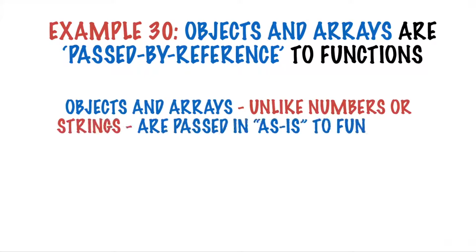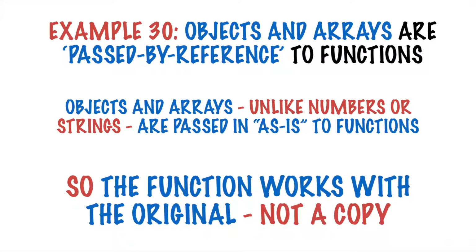Objects and arrays, unlike numbers or strings, are passed as is to functions. No copy is made within a function, like we spoke about earlier. Objects and arrays are passed as is. So functions, when they work on an object or an array, are working with the original. They are not working on a copy. Any changes that they make to the object are made to the original object.